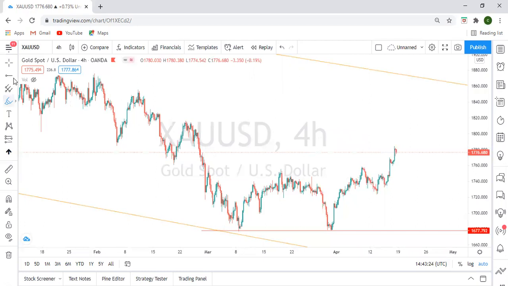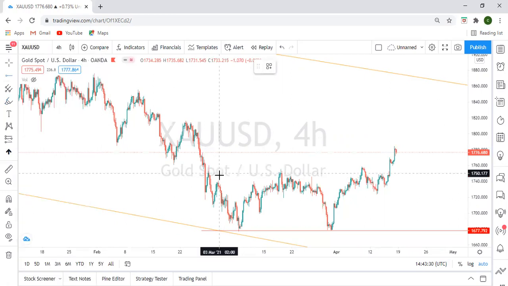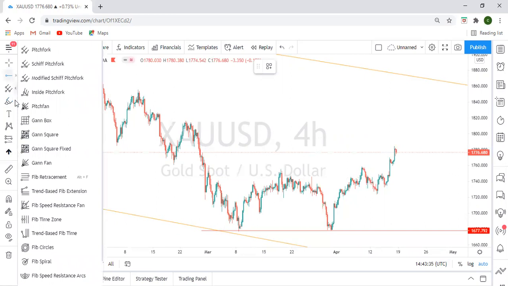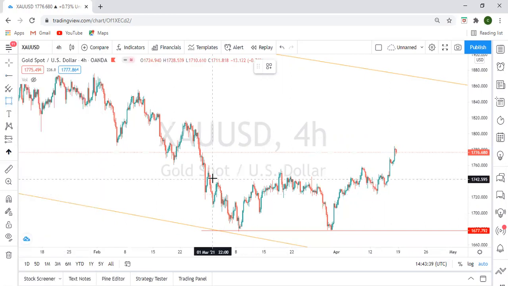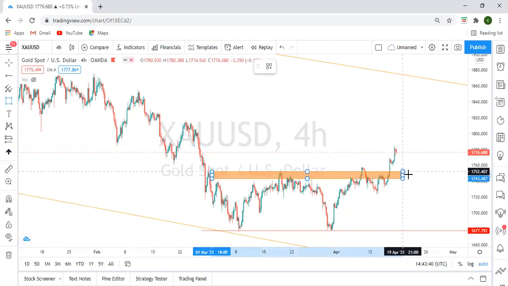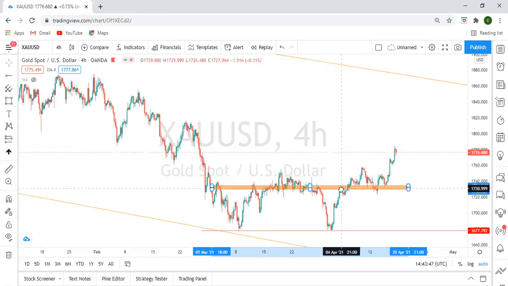So the neckline which I was talking about is here. Let's take our rectangle tool. It's like this. So we did come back. The market maker did come back to play with us.